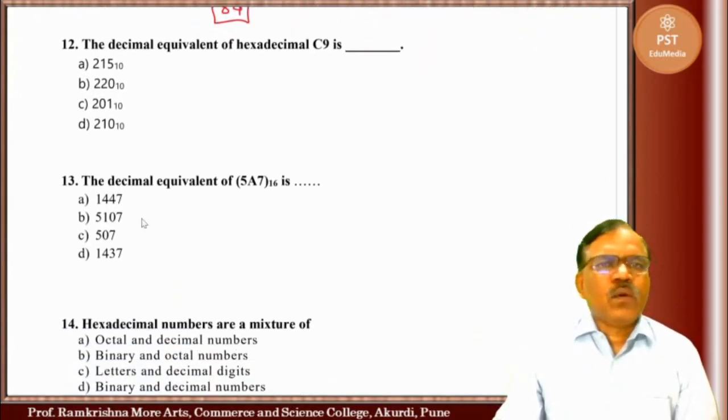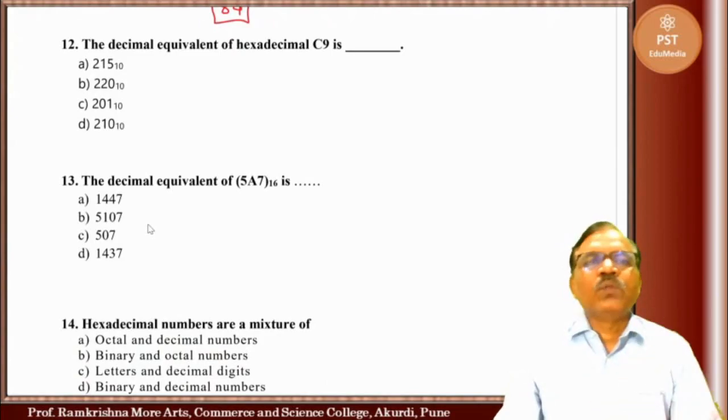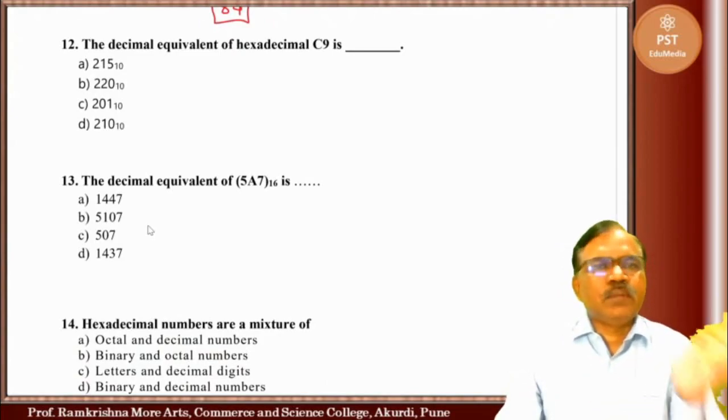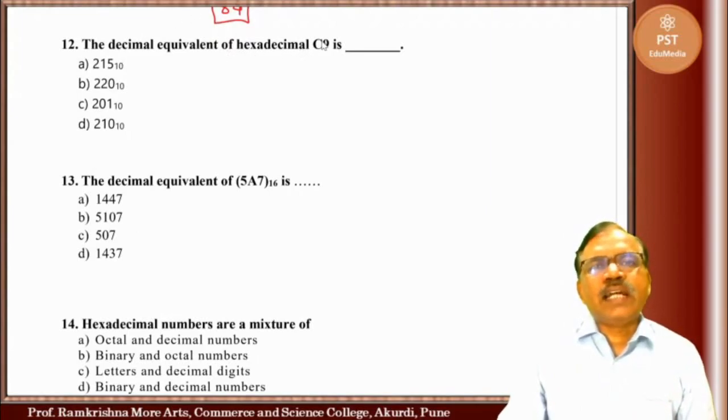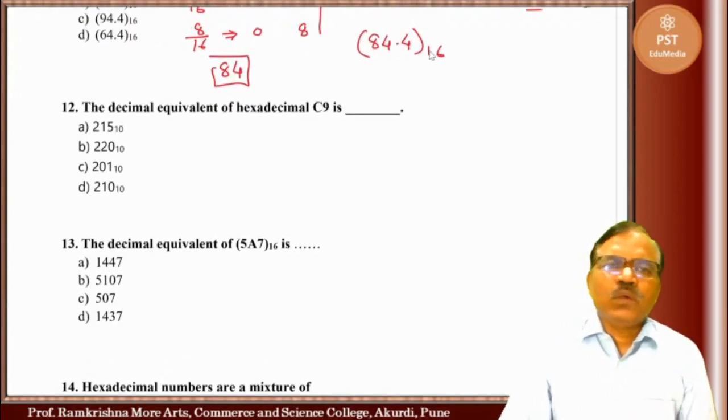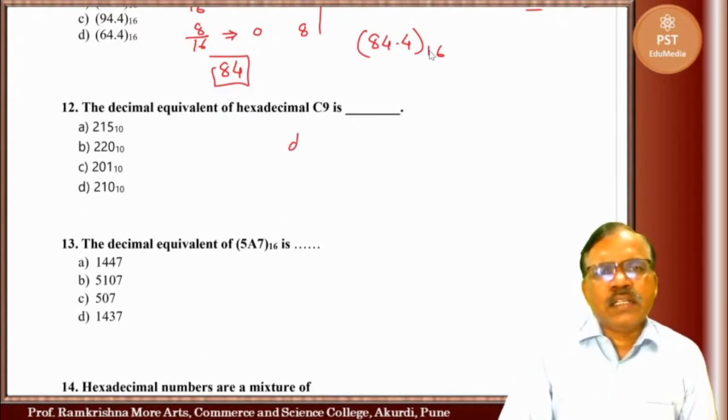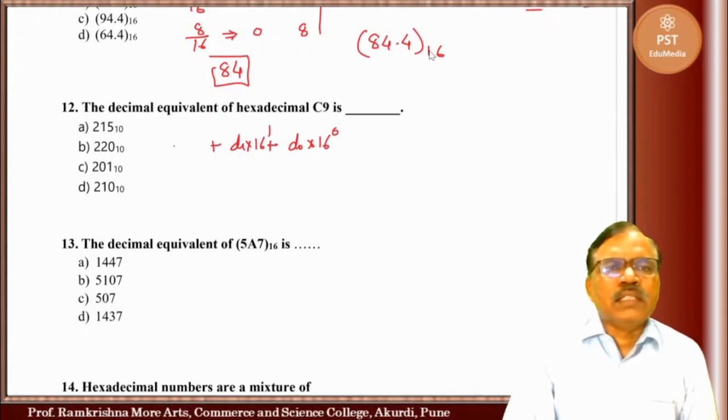Now next one. Now we will go from hexadecimal to decimal. The decimal equivalent of hexadecimal C9 is: go the same way as with binary. D0 into 16 raised to 0 plus D1 into 16 raised to 1 plus D2 into 16 raised to 2, and so on. Here we have C9, so 9 into 16 raised to 0 plus C into 16 raised to 1.